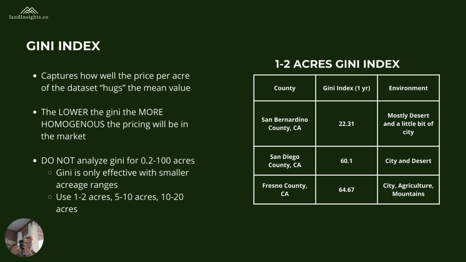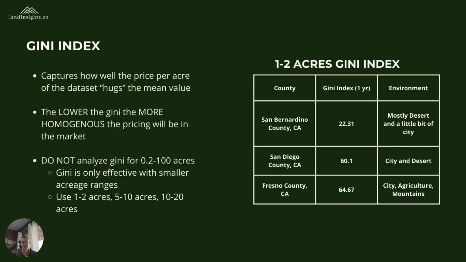Now, one thing to note, this is very, very important. Do not analyze Gini for 0.2 to 100 acres. You need to keep your acreage ranges small, because as acreage goes up, so does price. And we're calculating how well it hugs the mean value, okay? How well we stay in a certain price. So we could be pulling in 0.2 to 100 acres, a sales price of 100 acres and a sales price of 0.2 acres.